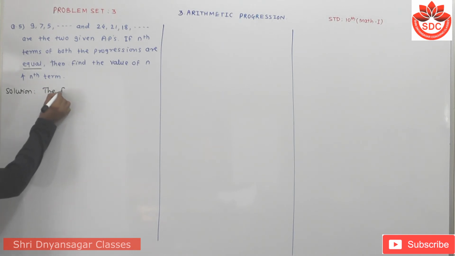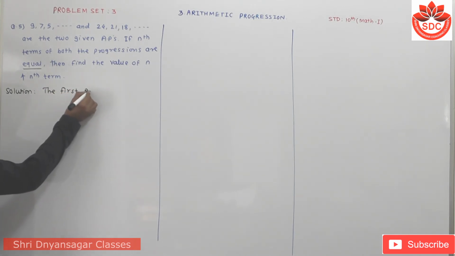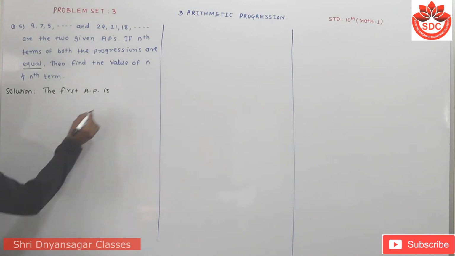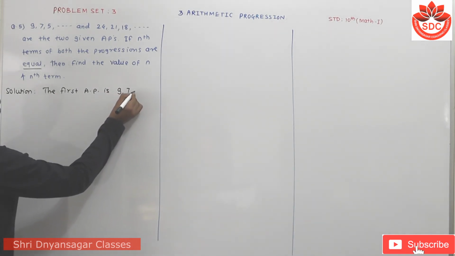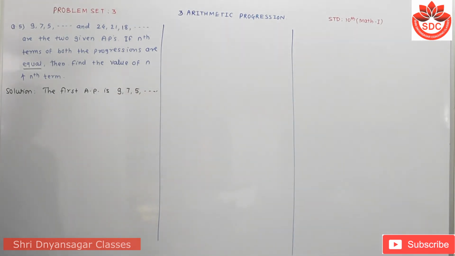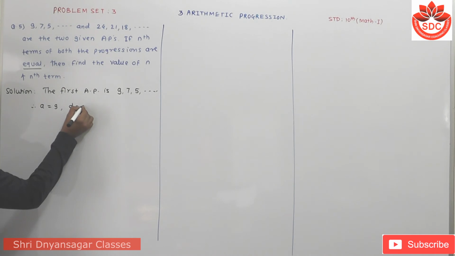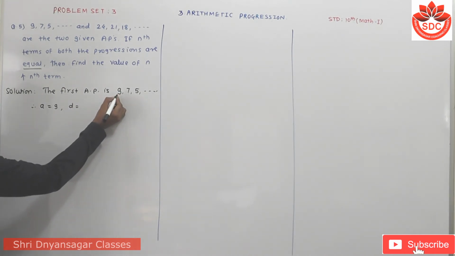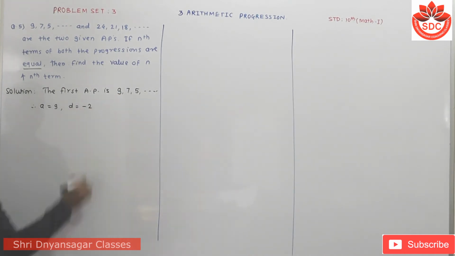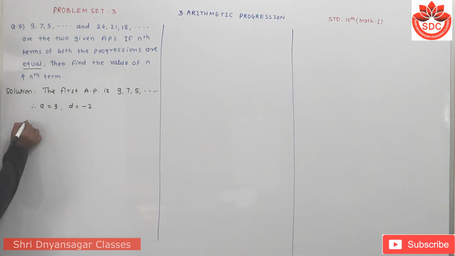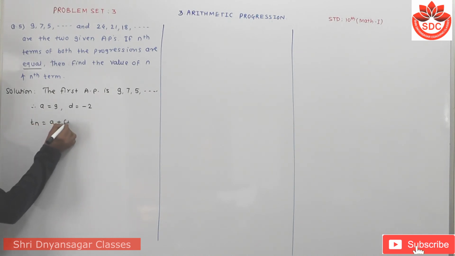the first AP is 9, 7, 5 dash dash dash. Therefore here a is 9 and d is 7 minus 9, meaning minus 2. Now we know the formula: Tn is equal to a plus n minus 1 into d.